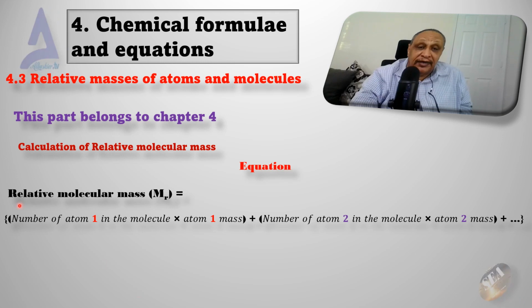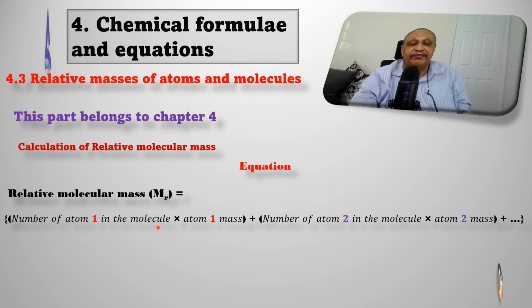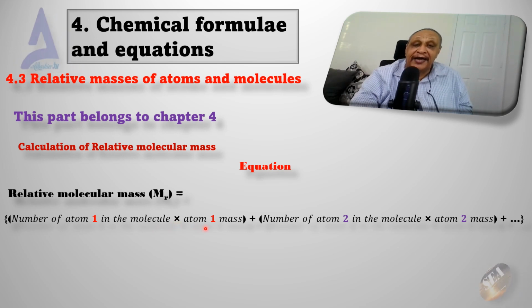Relative molecular mass, Mr, equals, in big parentheses, the number of atom 1 in the molecule, how many of atom 1 are present in this molecule, multiplied by the atom 1 mass, plus the number of atom 2 in the molecule multiplied by its mass. You see each of these under small parentheses.